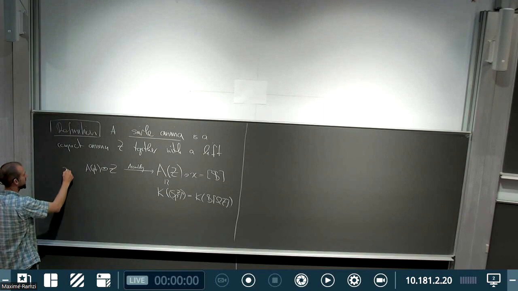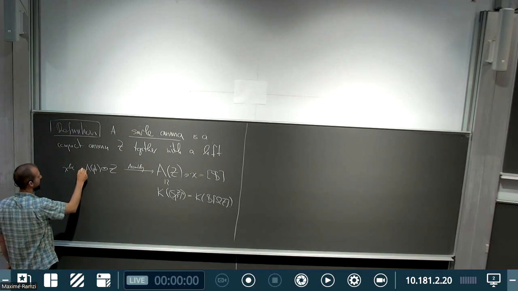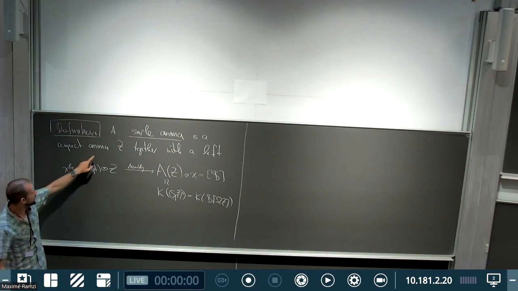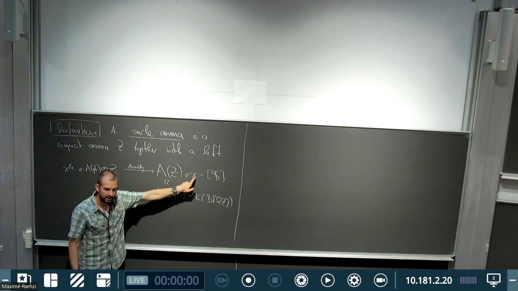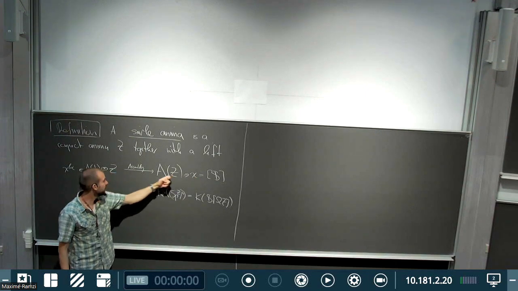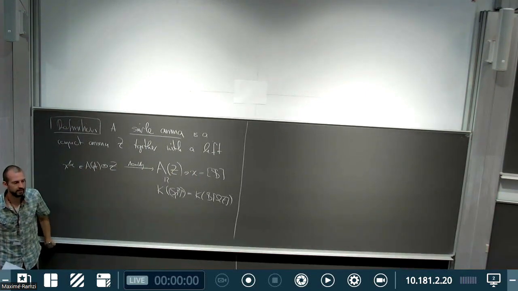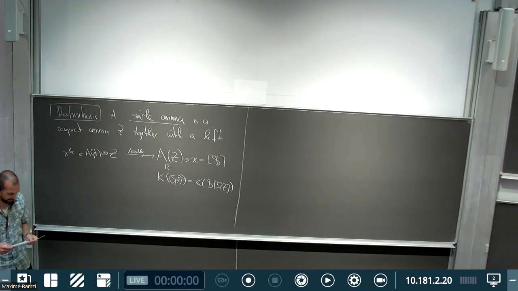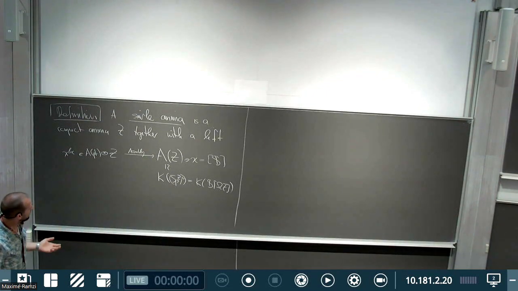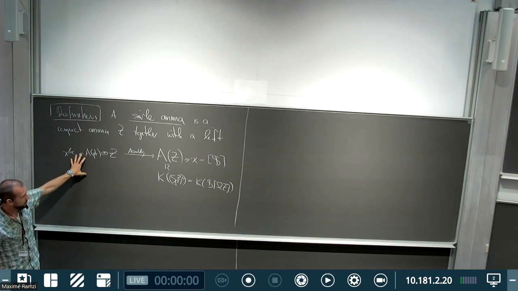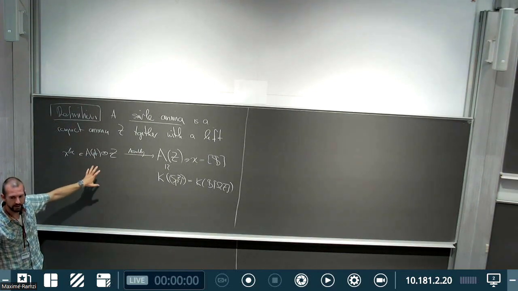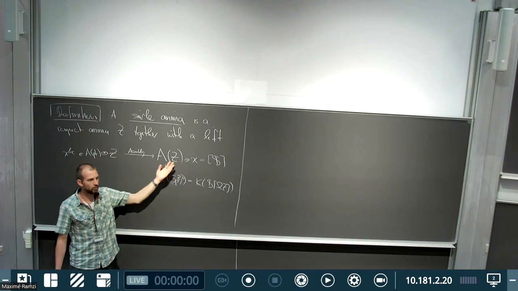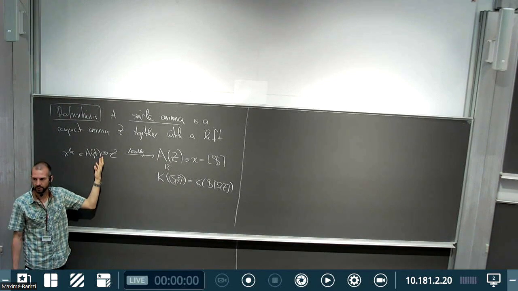And I want to pick such a lift here. That's the definition. A simple anima is just such a compact anima. As a result, every compact anima has such a class, and I'm lifting it through this assembly map. In some sense you want to think of simple anima as some sort of gadget, some sort of space where not only do they have an Euler characteristic, but they have a local formula to compute the Euler characteristic.